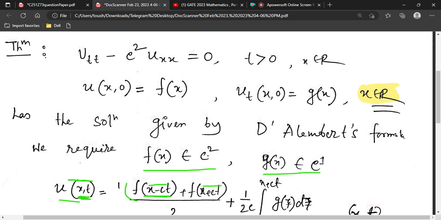What happens if I relax these two conditions on f of x and g of x? Will it affect our domain of dependence? Can you think about it? If f of x and g of x are not satisfying these two conditions, that means if I am relaxing any of these conditions, will there be any effect on the domain of dependence?